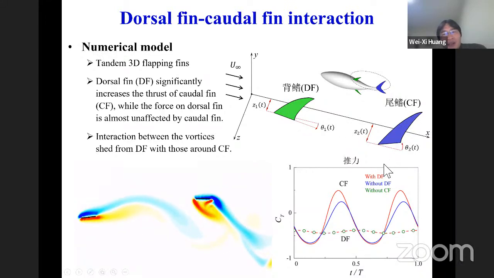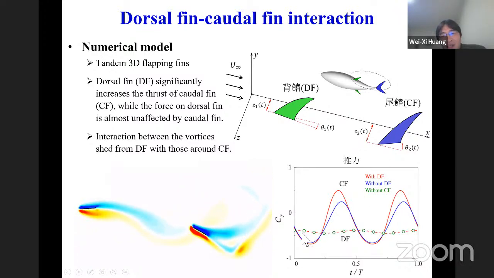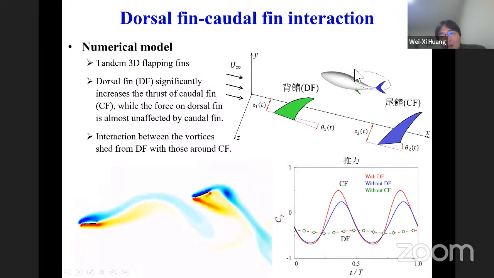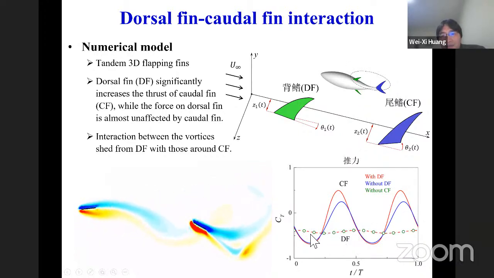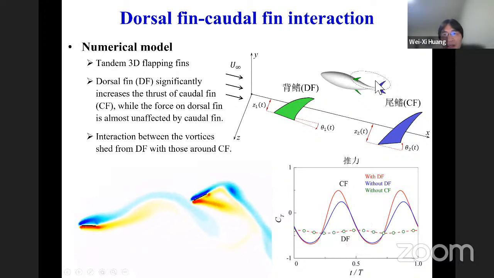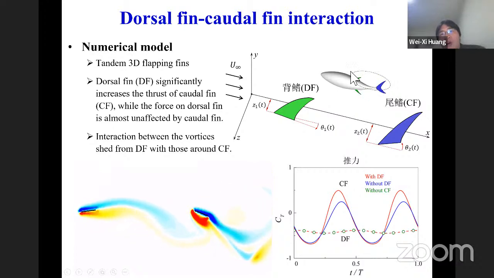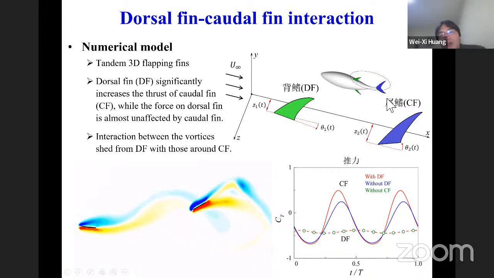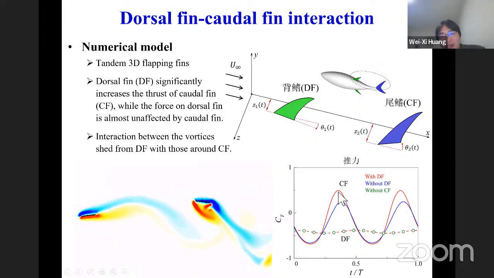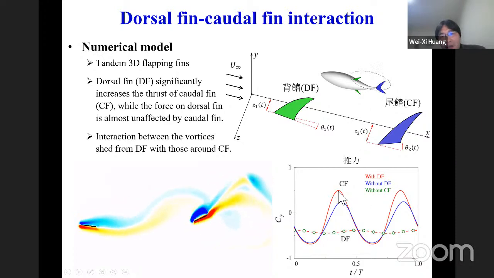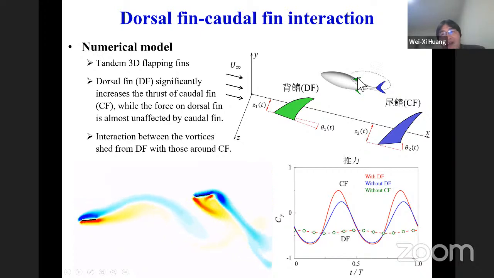Okay, so the results are also interesting. We can see the dorsal fin itself has no difference between the model with the caudal fin or not, but the thrust force on the caudal fin can be increased by the existence of the dorsal fin.